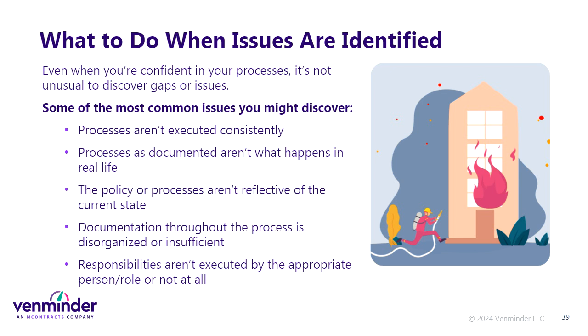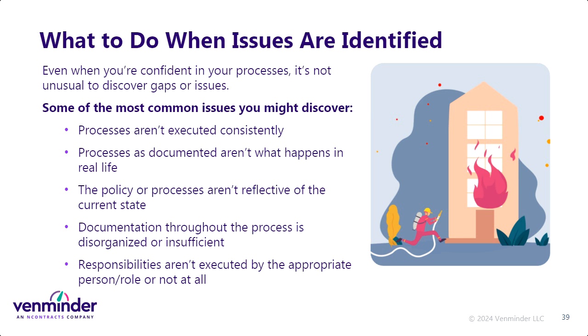All right, it's also really important to remember that it's completely normal to find gaps or inconsistencies, even when you thought that your process was running perfectly well. So once you do identify an issue, there's some leading causes for that. One of them is that there was not consistent execution, or the documentation is disorganized, or there's maybe not enough of it.